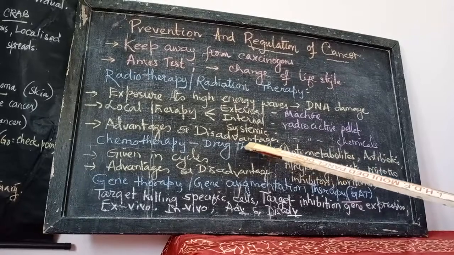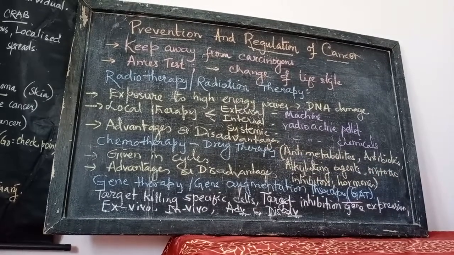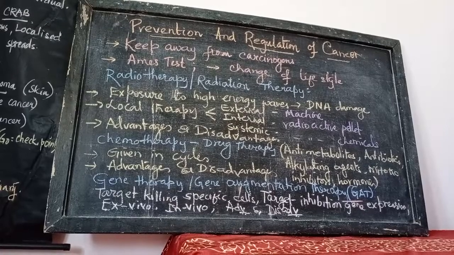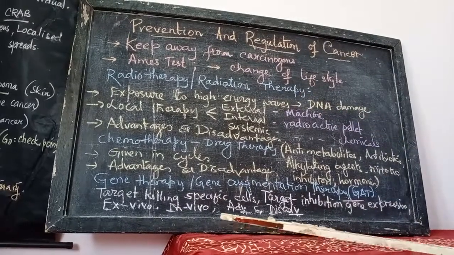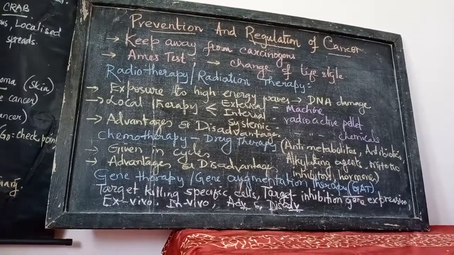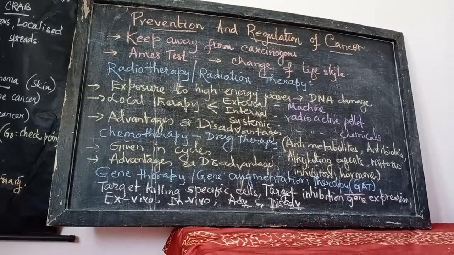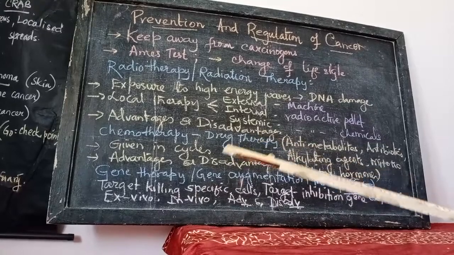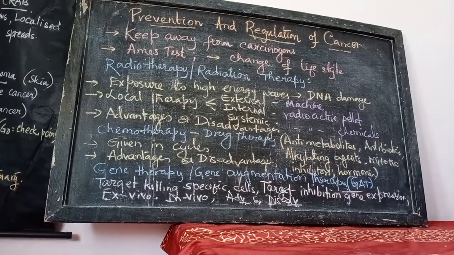Coming to the disadvantages, it causes damage to the neighboring cells other than the target cells when we subject it to the radiation process. The second disadvantage is poor healing of wounds.